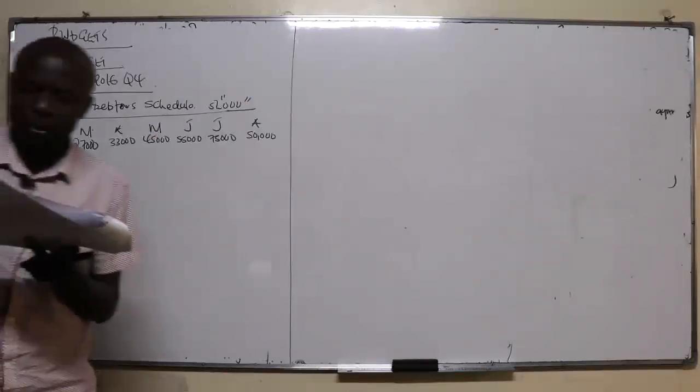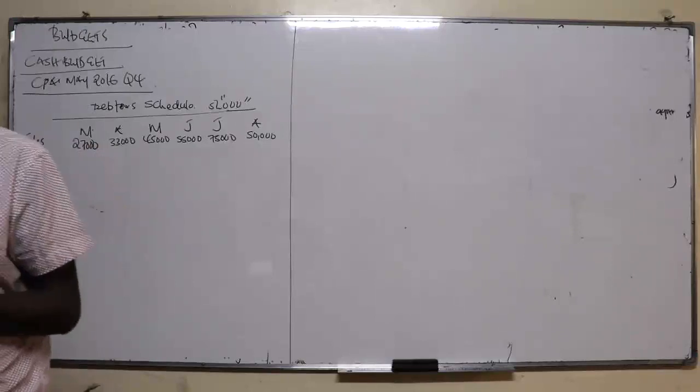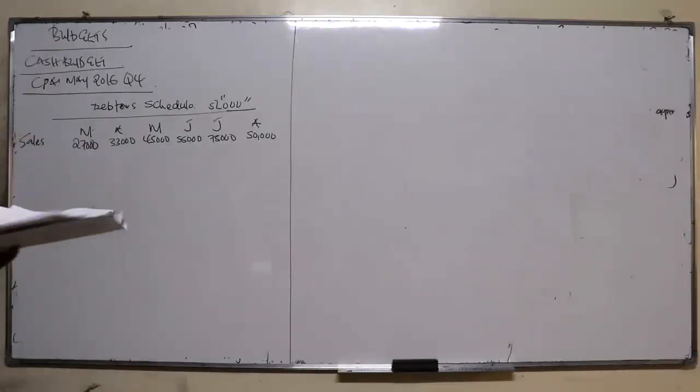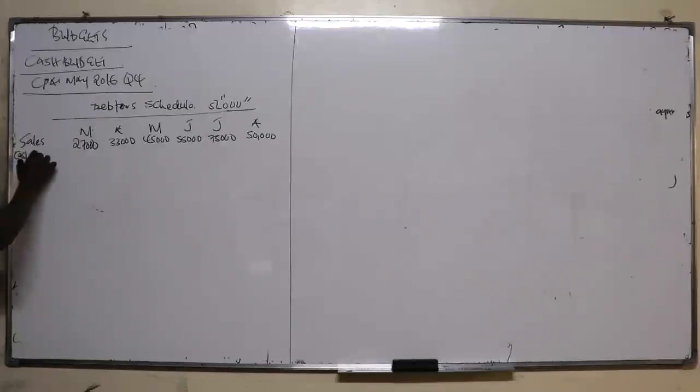We've been told 20% of sales are on cash basis. So we get the cash sales here. Cash sales is 20% of the total sales.